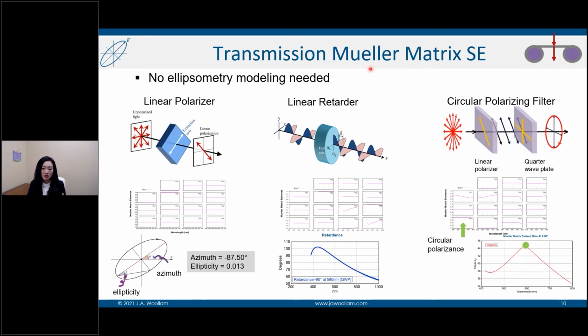The Mueller matrix itself reveals very interesting parameters such as the azimuth and ellipticity of a linear polarizer, or the wavelength dependent retardance of a linear retarder, or the circular polarizing effect of a circularly polarizing filter used in 3D eyeglasses.